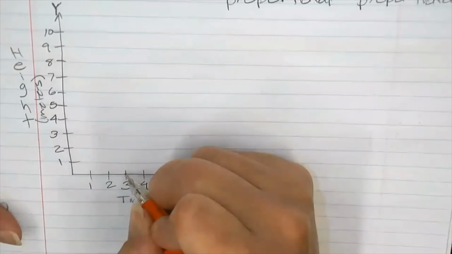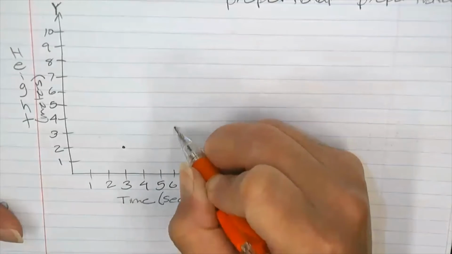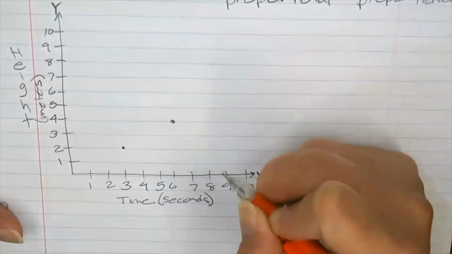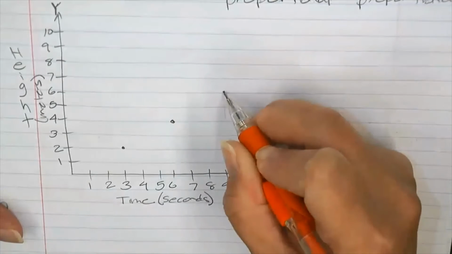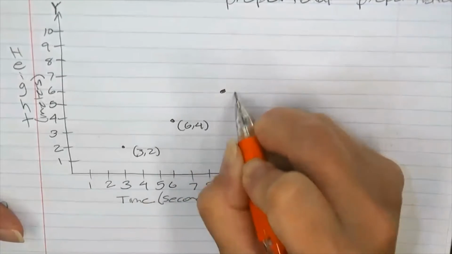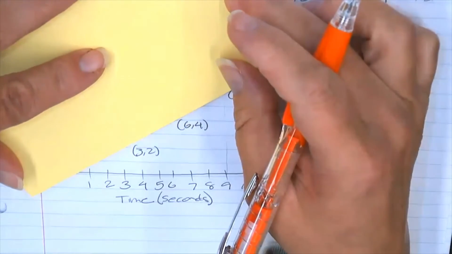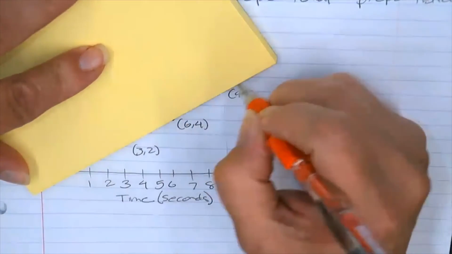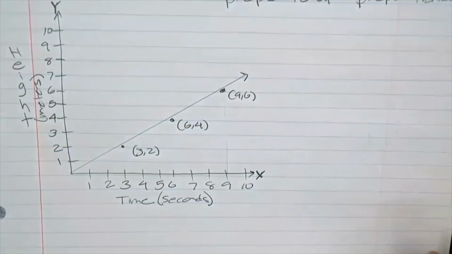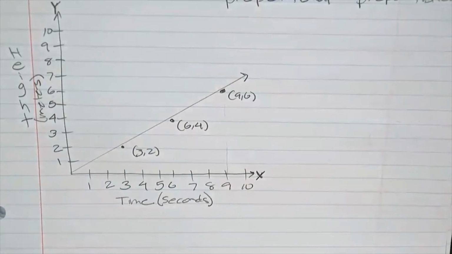So we have 3, 2, 6, 4, 9, 6. I don't have enough room to graph 12, 8, but that's okay. Use a straight edge to connect your points. So graphing is nothing new either. You guys know how to graph points. We've been doing that.